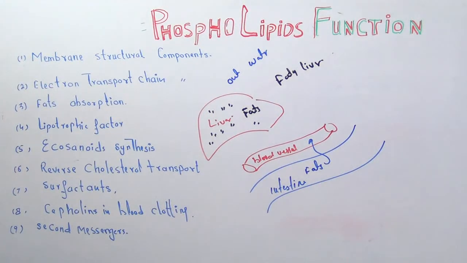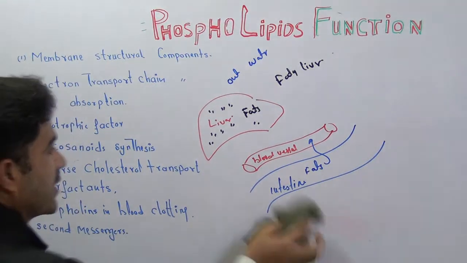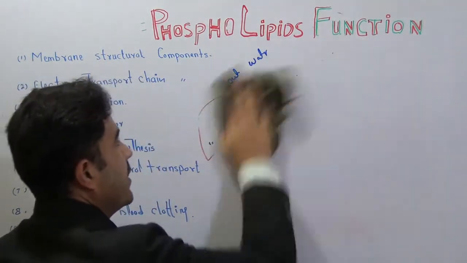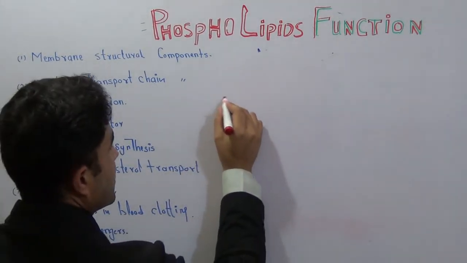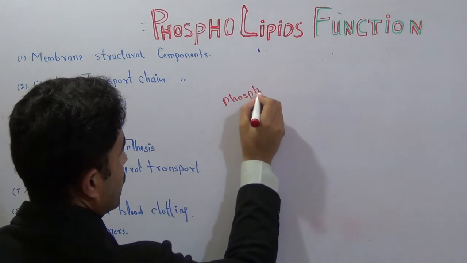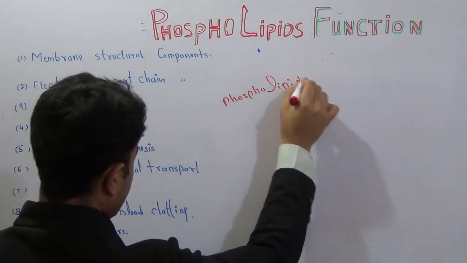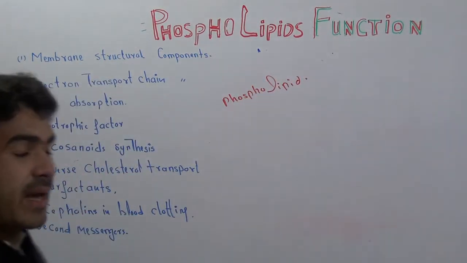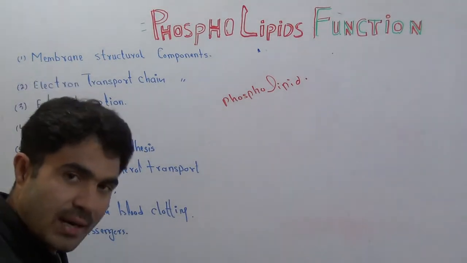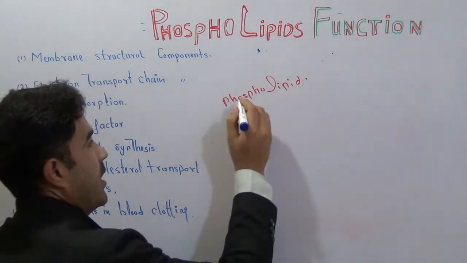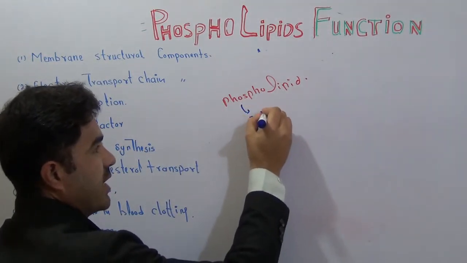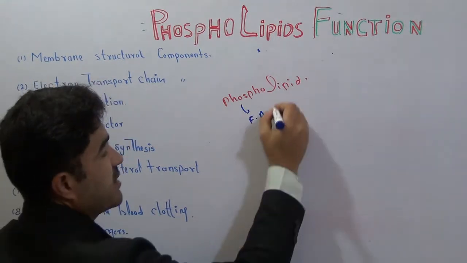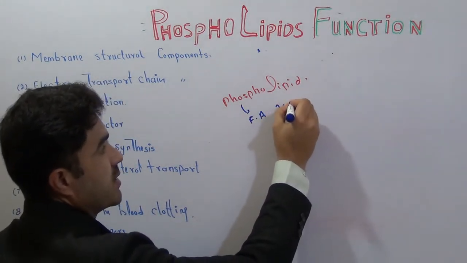Okay, now the fifth one is eicosanoid synthesis. I have to write here what is meant by this. There is a phospholipid. When that phospholipid is hydrolyzed or broken, a fatty acid will be released from it, and that fatty acid will contain 20 carbons.